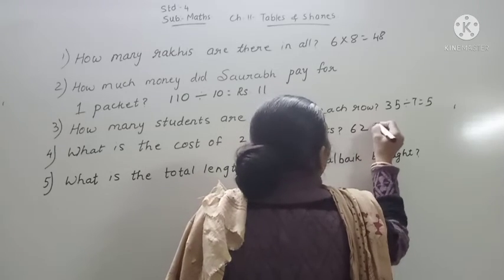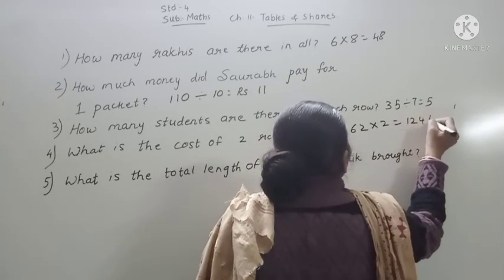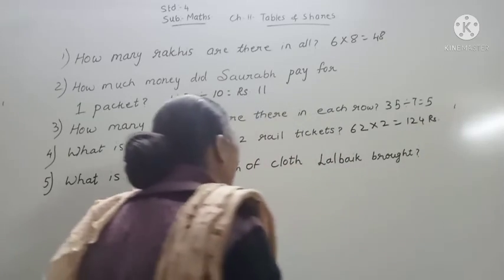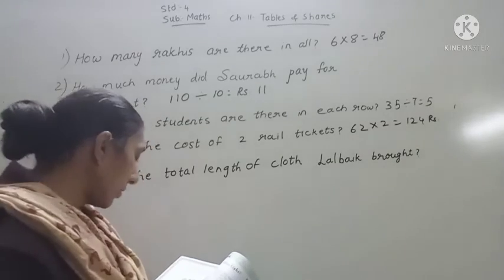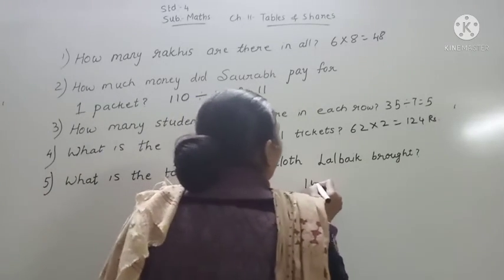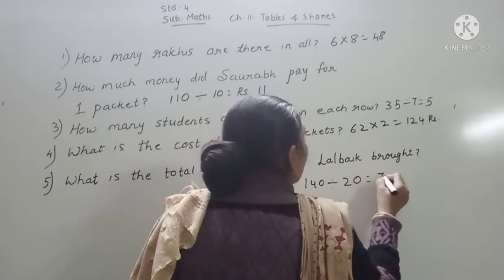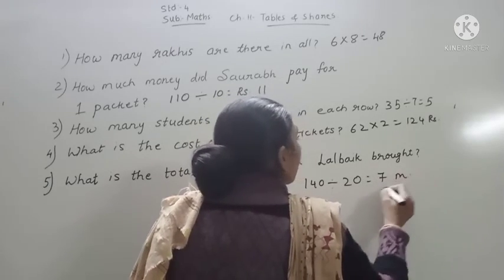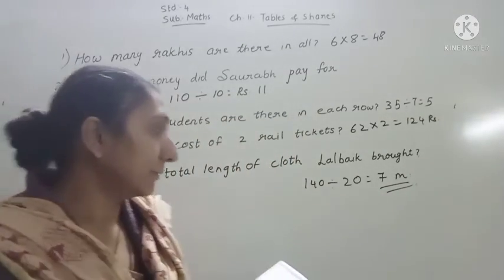So 62 multiplied by 2 is equal to 124 rupees. Then what is the total length of cloth that Lalbai brought? What is the total cost? 140. 140 divided by 20 is equal to 7. 7 meters Lalbai has bought from the shopkeeper.